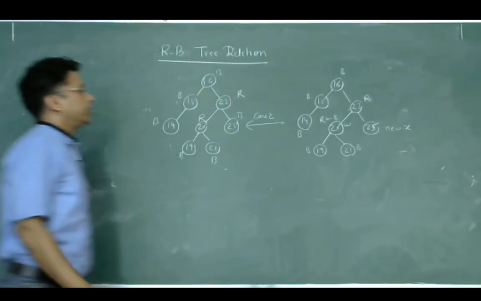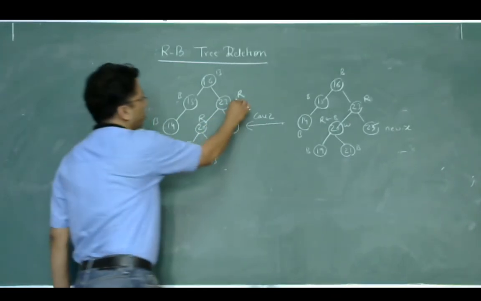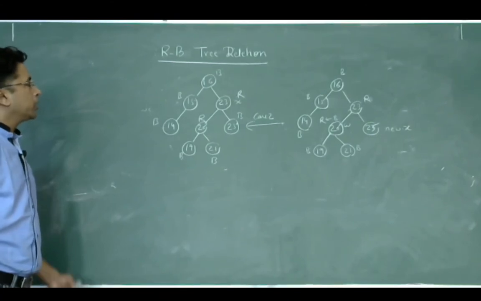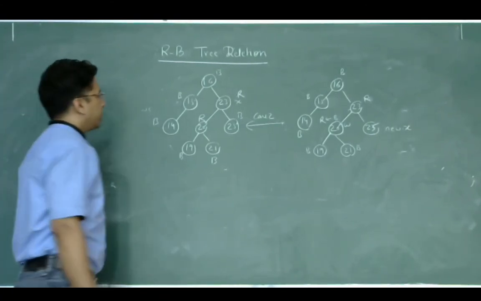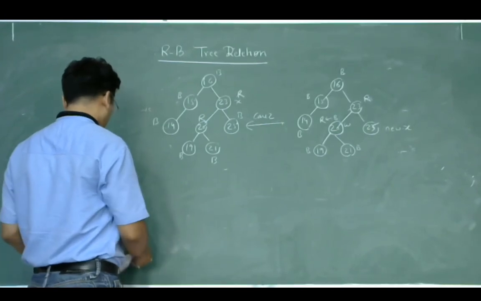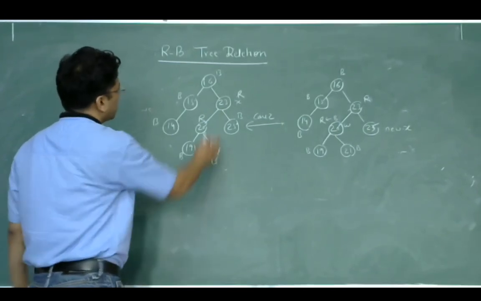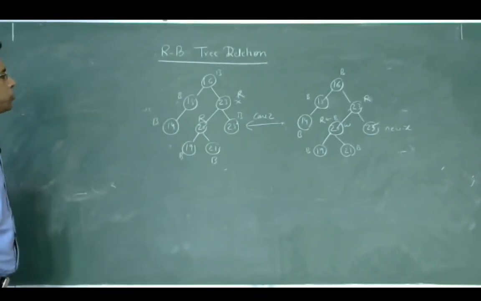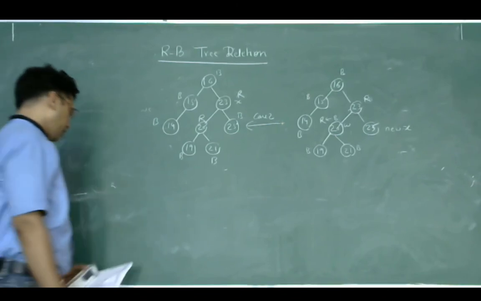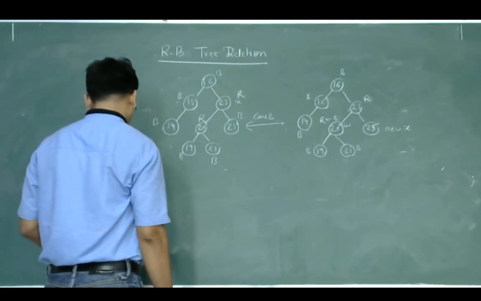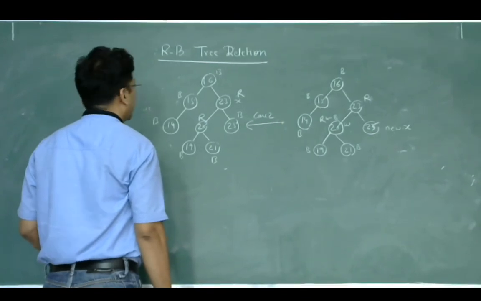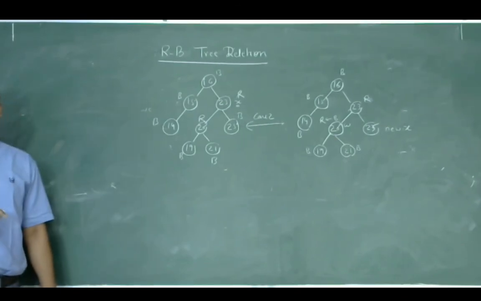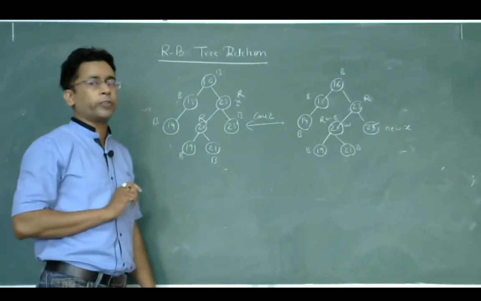After this case 2, now this is the value of x. x has shifted to the parent position. Now again, with respect to x, this is the sibling, and we need to decide which procedures to run. Here I have told you that whenever x is black, only then do we need to run the fix up procedure.